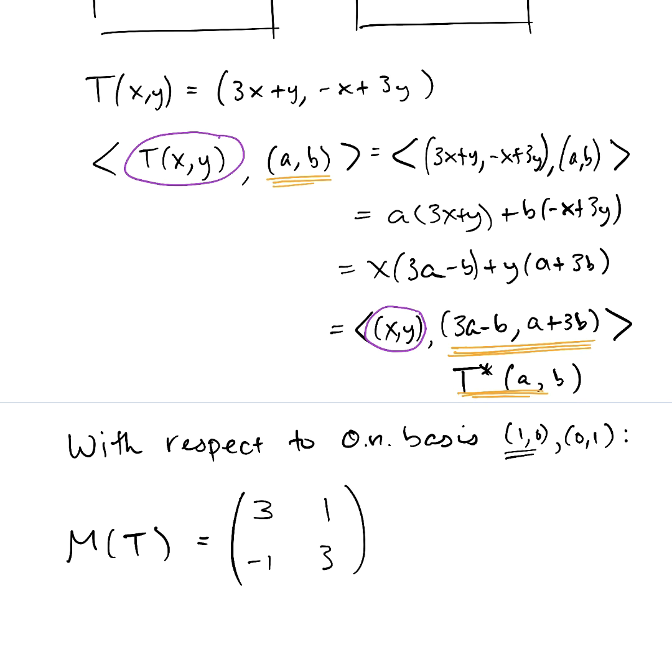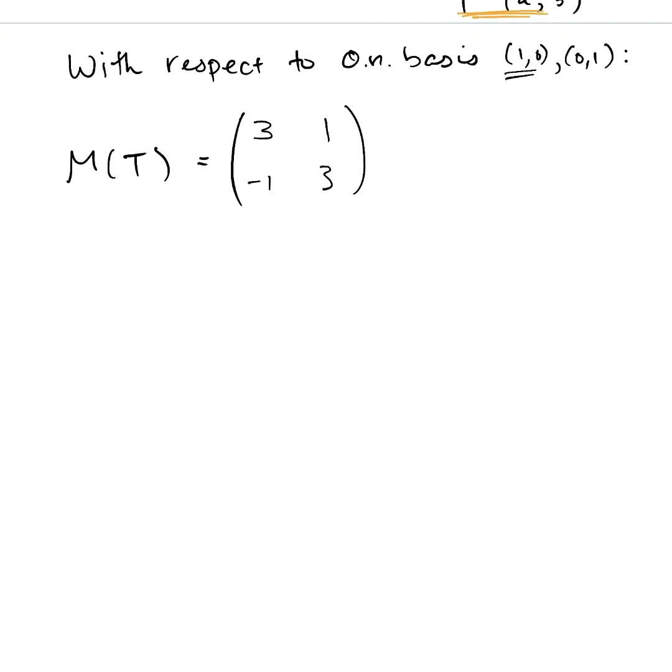Okay. Now, because we're working with an orthonormal basis, then for free, you get the matrix for T star simply by taking the conjugate transpose of the matrix for T. Now, the conjugate part in this example doesn't mean anything because all of these are real numbers.